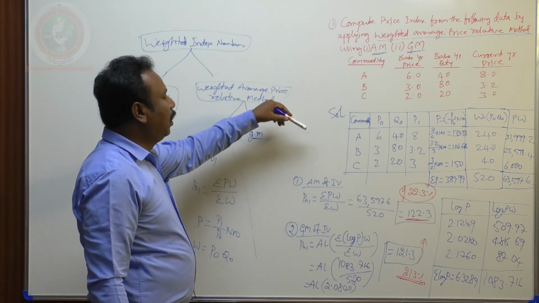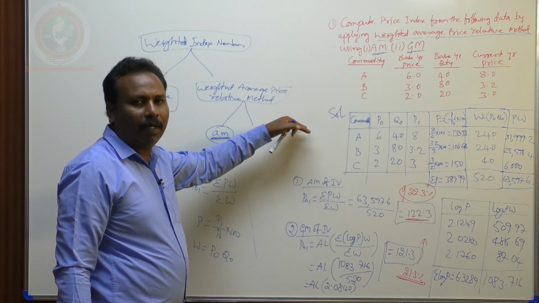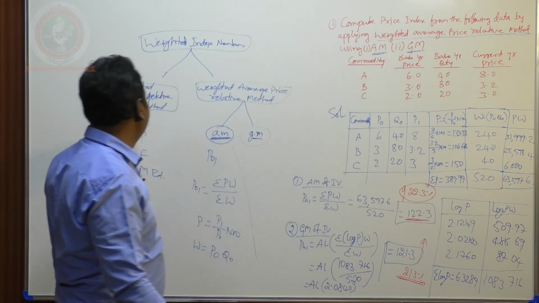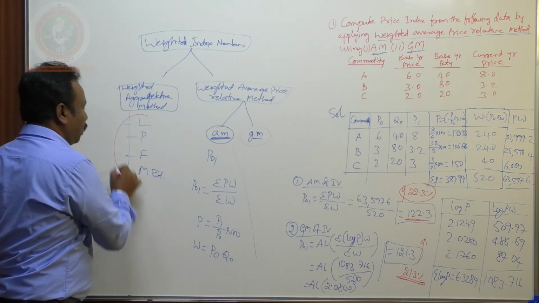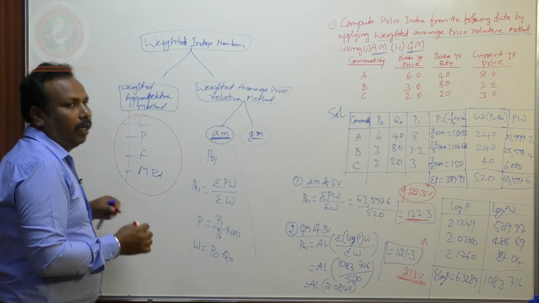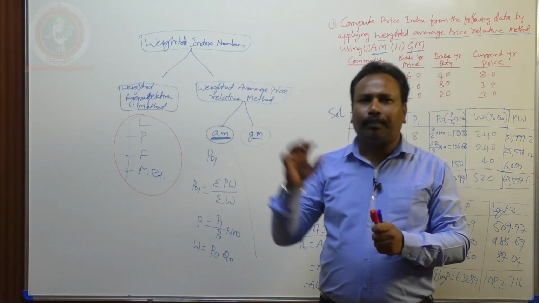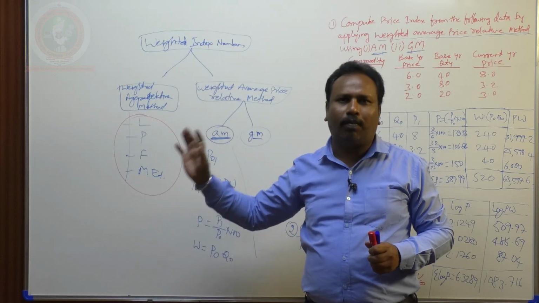This is not very important as per your syllabus. You should give importance to these four methods, that is Laspeyres, Paasche, Fisher index, and Marshall and Edgeworth method. So this is the complete picture of the index number chapter, module number 5.